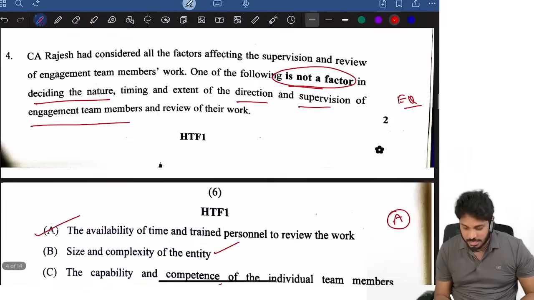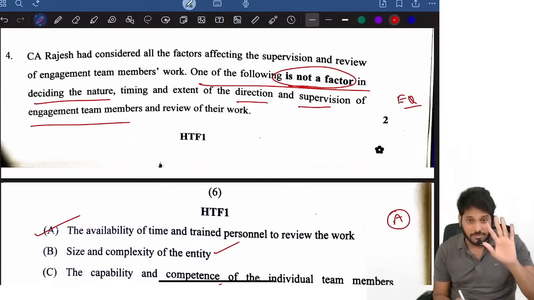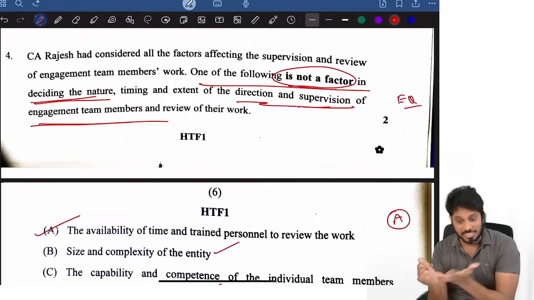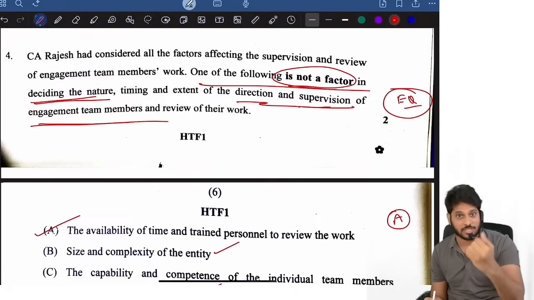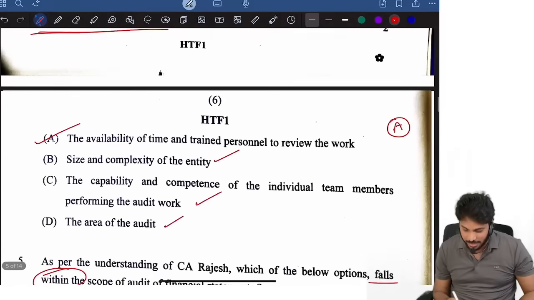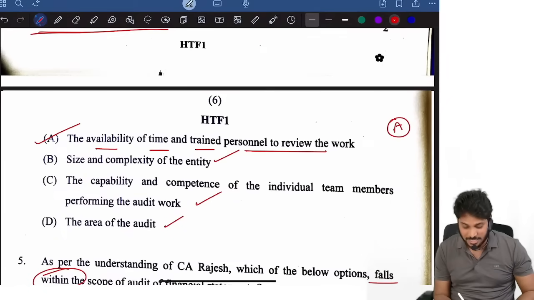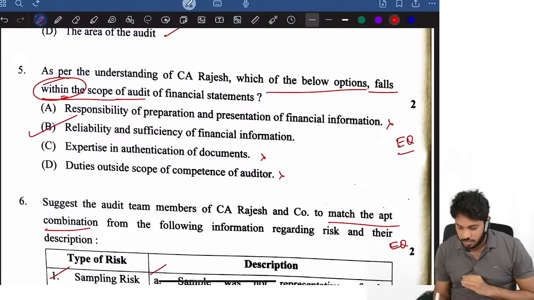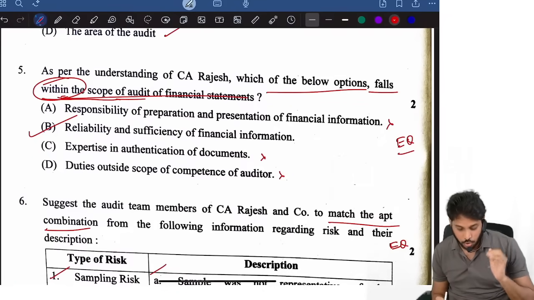C. Rajesh is considering one of the following is not a factor deciding nature, timing, supervision. This is the audit strategy chapter. I told in expected questions also, 3/4 strategy also I told you to cover. The availability of time and trained personnel to review is not a factor at all. The option is A. Then, as per understanding of Rajesh, which of the below options fall within the scope of audit?